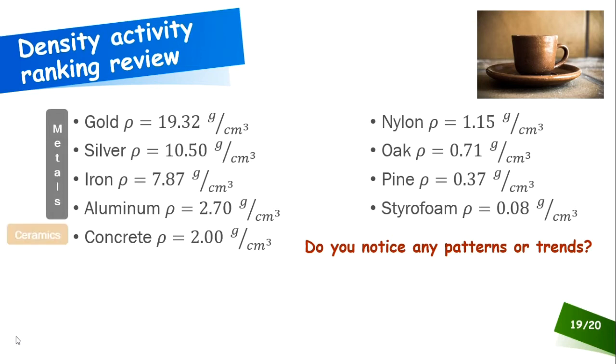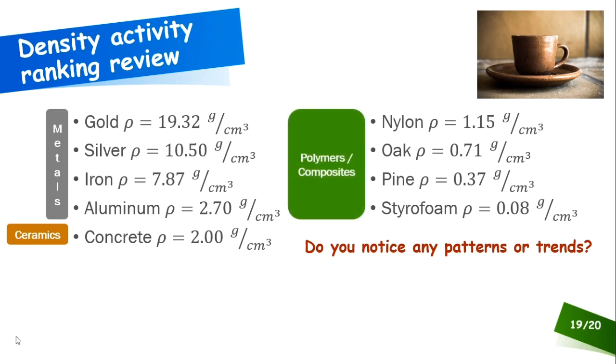And then we have ceramics, in this case there's only one, concrete. And then the remaining materials are polymers or composite materials. So here we've got a trend that we notice that generally speaking, metals have higher densities than ceramics, which in general have higher densities than polymers and composite materials.